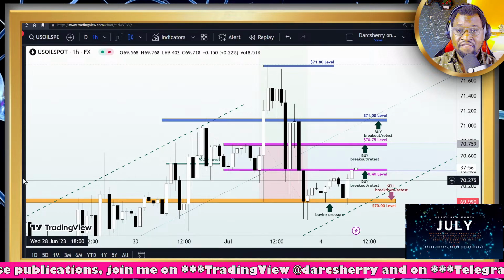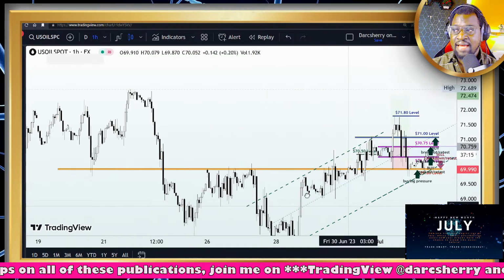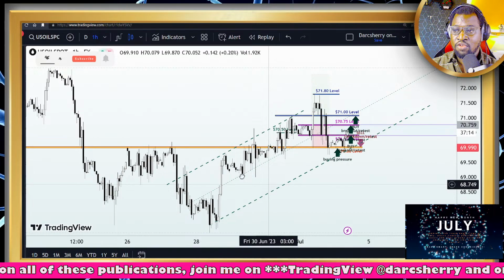So we started the week on a strong bullish note actually before those bearish momentum pushed price back to the downside. And one thing you will notice about the structure, let me first of all zoom out so that we can acknowledge what we saw in this particular market at the beginning of the week. Remember, we had this ascending channel which we were using to guide our trading activity for the week.